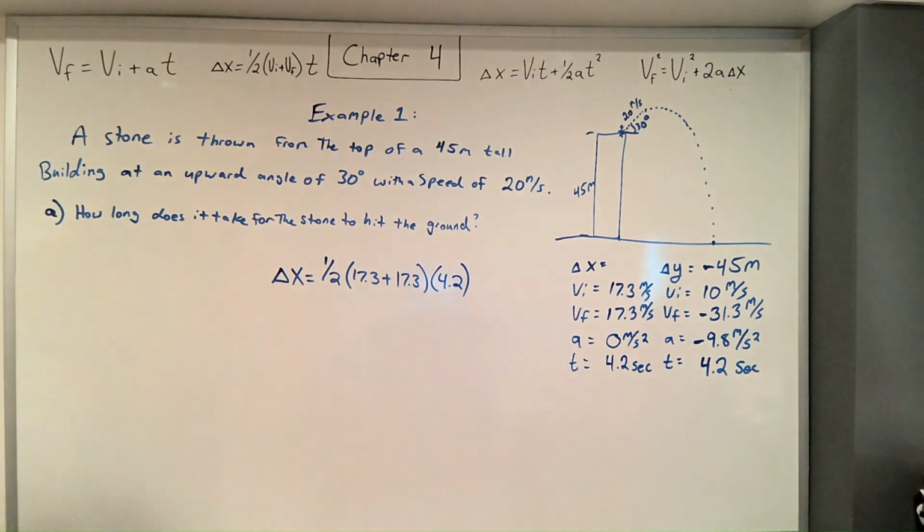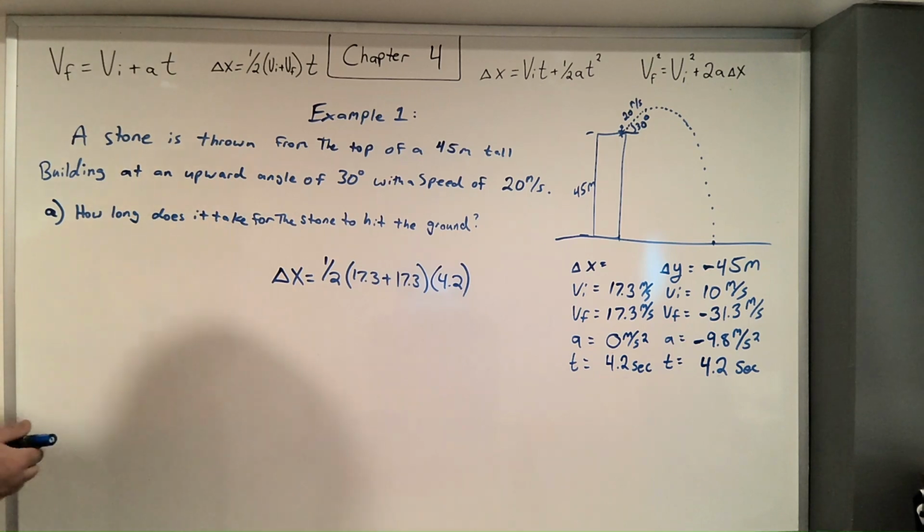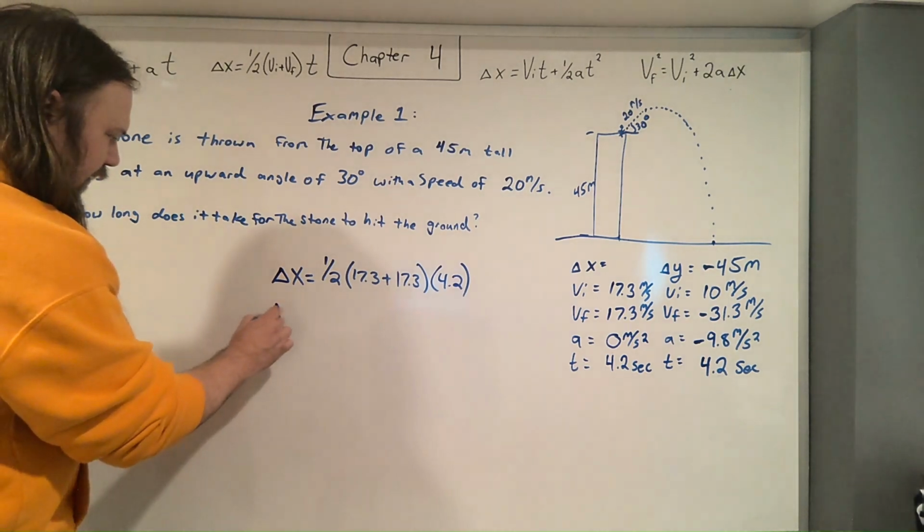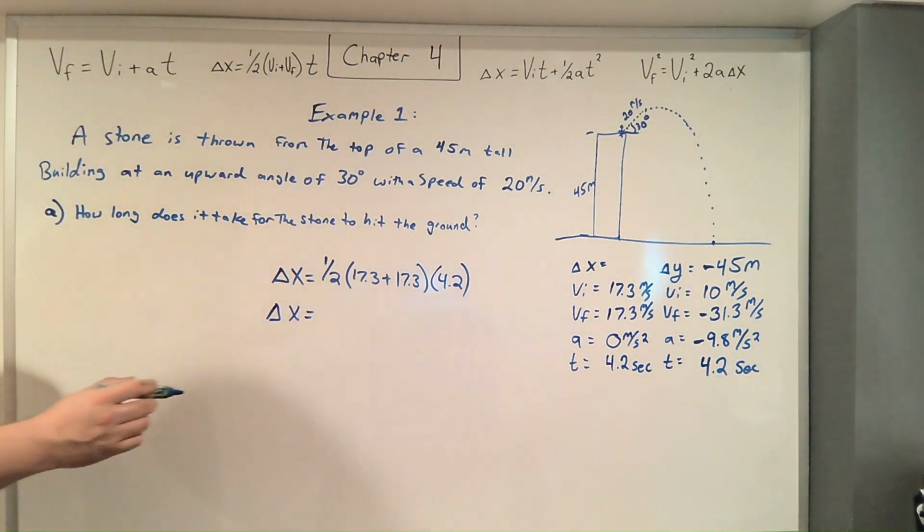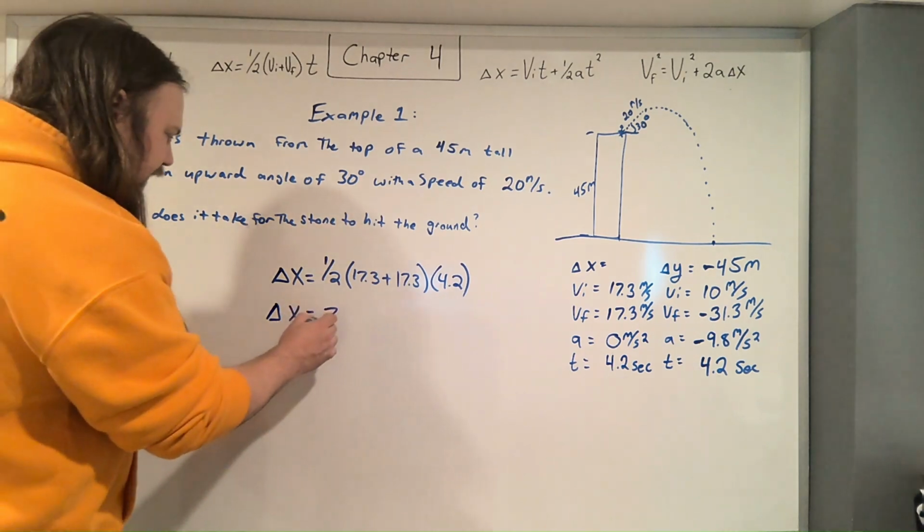So 17.3 plus 17.3 is exactly 2 times 17.3. If we took a half of that, we end up back at 17.3. So it ends up just being the velocity times the time of 4.2. And we get an answer here of 72.7.